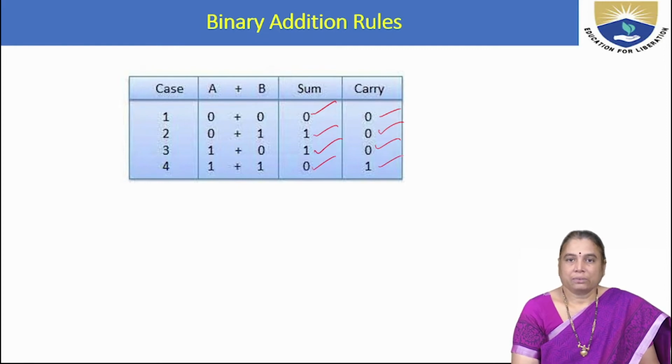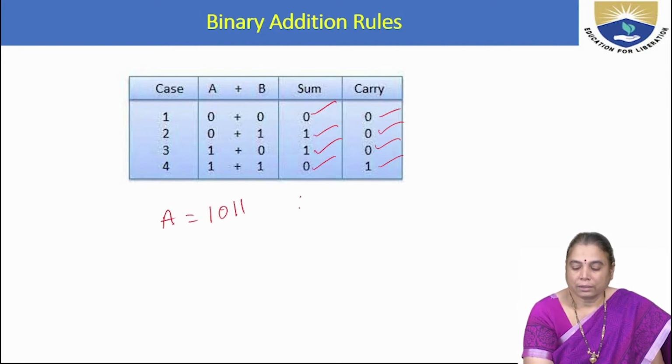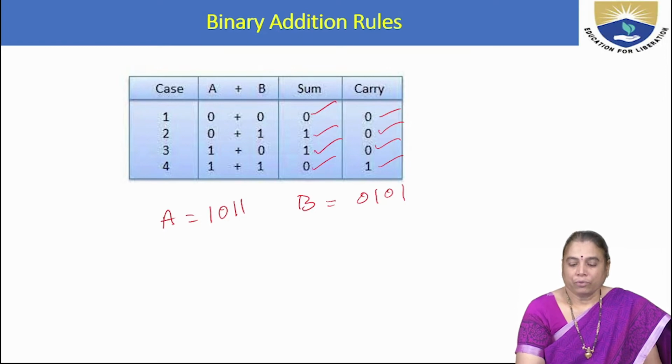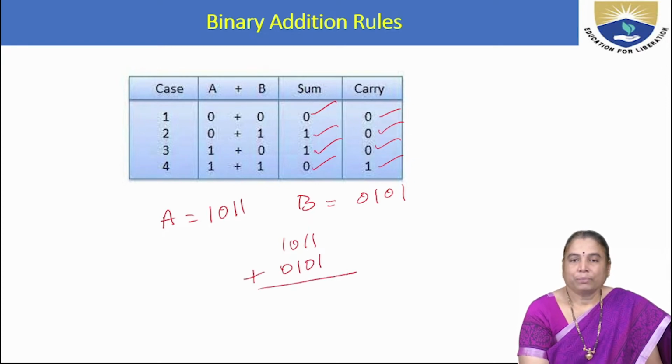For example, consider two numbers. The A value is 1011 and the B value is 0101. Now, if you want to perform the addition operation, while performing the binary addition, here 1 plus 1, the sum is 0 and the carry is 1.